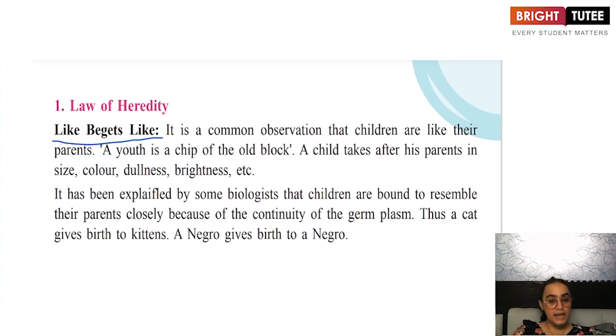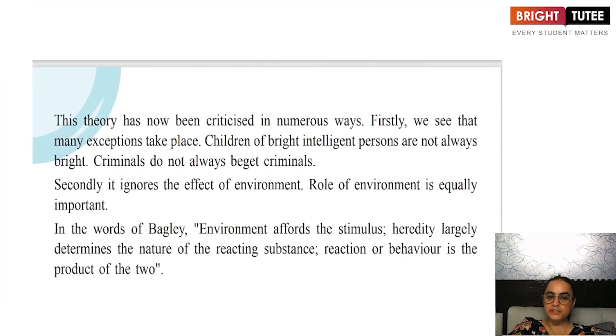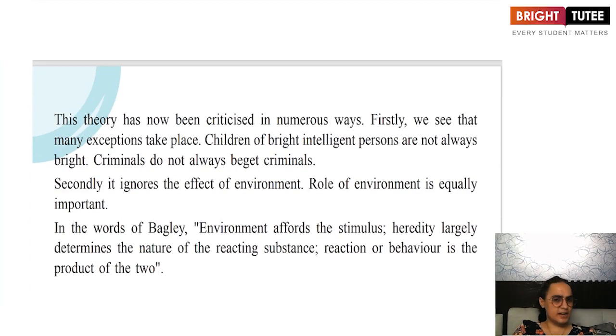This has been researched by the biologists that children will resemble their parents very closely because of the germ plasm which was present in them. And that is why a cat will always give birth to a kitten, a Negro will always give birth to a Negro. Okay? So this theory has also been criticized.